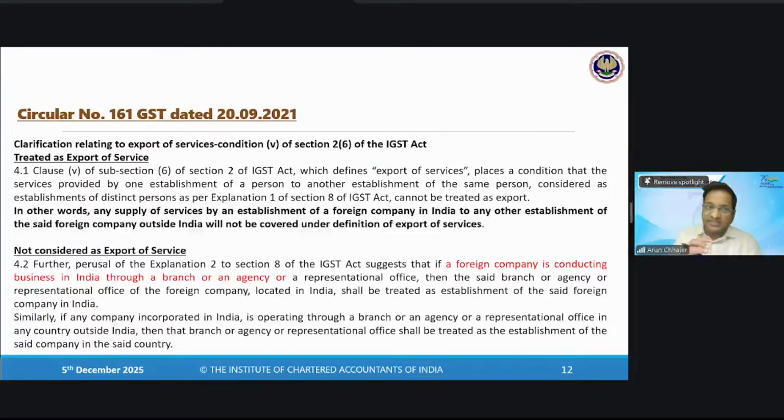Circular 161 says that if the company operates through a subsidiary company separately established in that territory according to their laws, in that case, it will not be treated as establishment of distinct person. So they will not be considered distinct persons. If they are not considered distinct persons, then what is the answer? It will continue to be export of service.